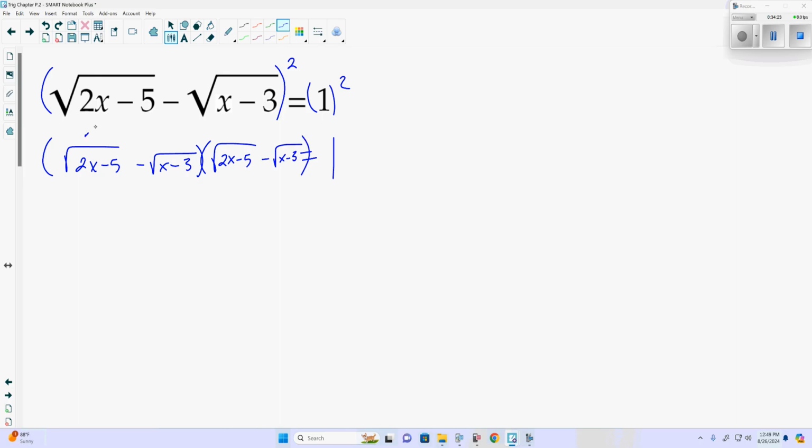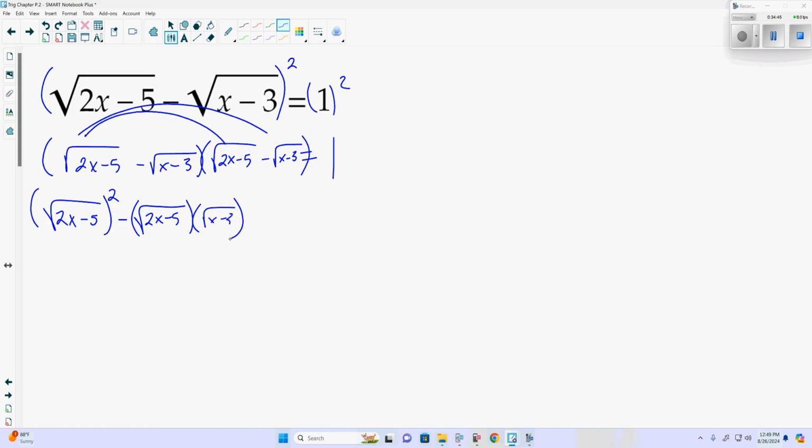and multiplying it by itself, which the first term is just going to be the square root of 2x minus 5 squared. Square root of 2x minus 5 times our negative square root of x minus 3, negative square root of 2x minus 5 times our square root of x minus 3.